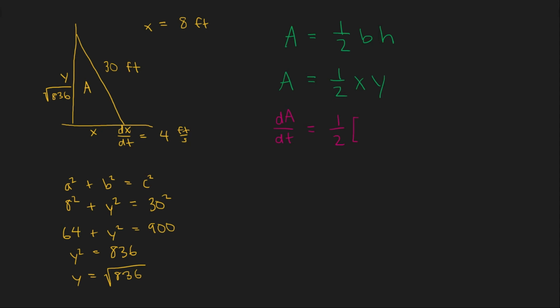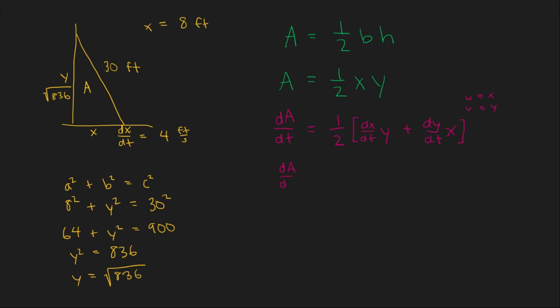We'll label u as x and v as y. u prime times v, so u prime is just going to be 1, or excuse me, dx over dt times v, which is just y, plus v prime, which is dy over dt, times u, which is just x. And let me just distribute this out.